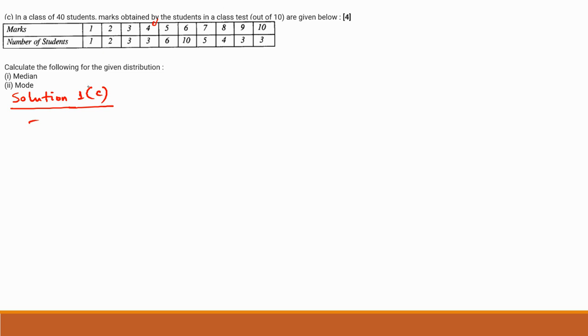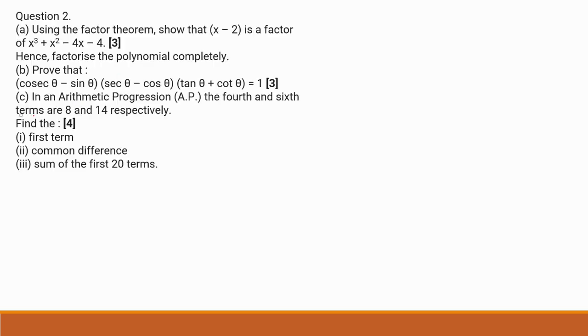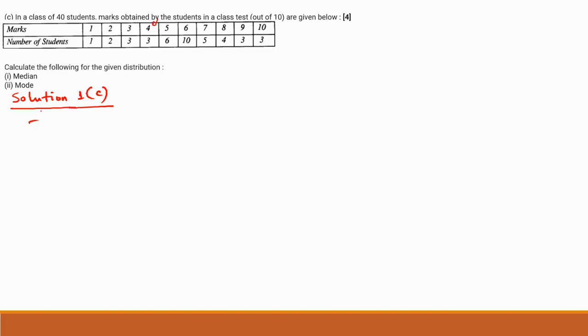So, how can you write? You can say the total number of students n equals, sorry, you can just write 1, 2, 3, 3, 6, 10, 5, 4, 3, 3.